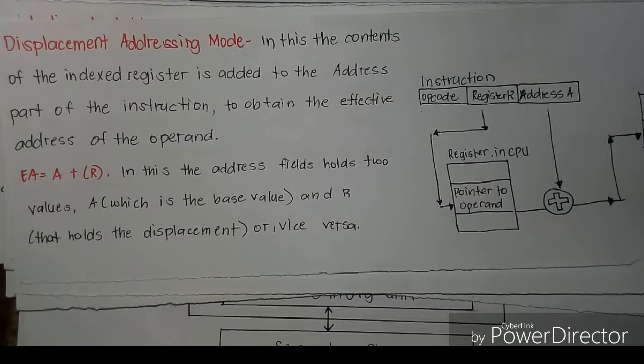In this, the contents of the index register are added to the address part of the instruction to obtain the effective address of the operand. If EA equals A plus R, in this the address field holds two values, A, which is the base value, and R, which holds the displacement, or vice versa.